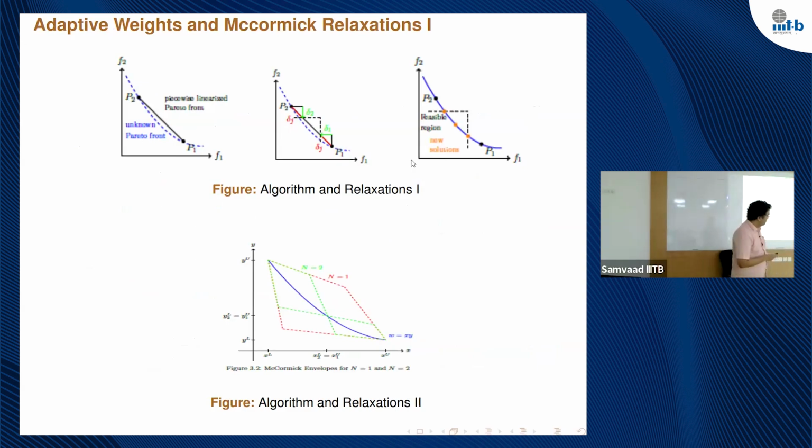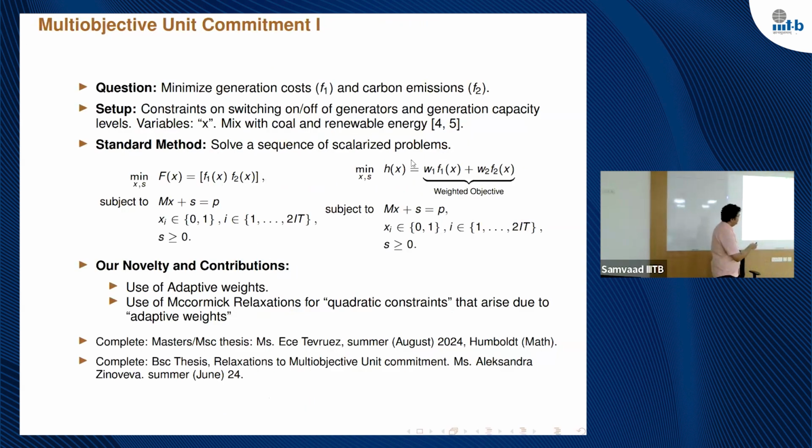Now, F1 and F2 are convex. That is not a problem. But weights are chosen a priori anyway, prior to optimizing any single objective problem, irrespective of whether I'm using adaptive weights or non-adaptive weights. Why this comes up is, suppose you optimize with 0.1 and 0.9, for instance. That's a convex problem.